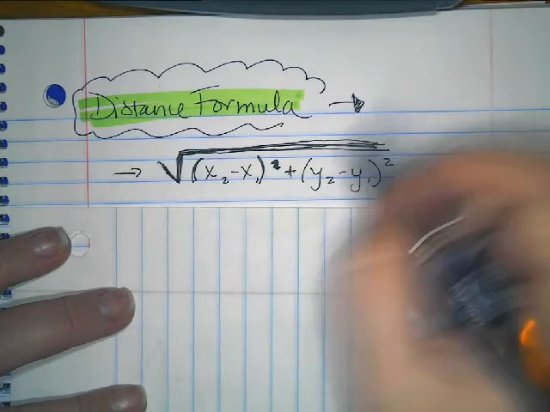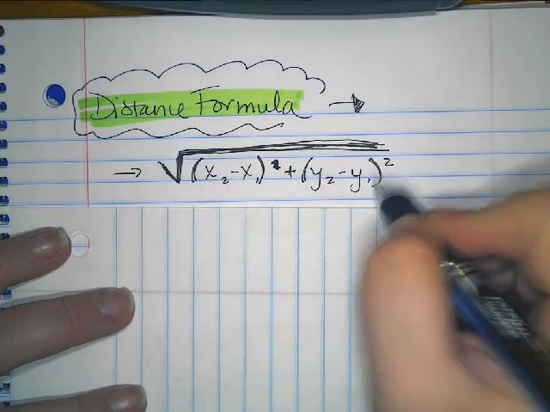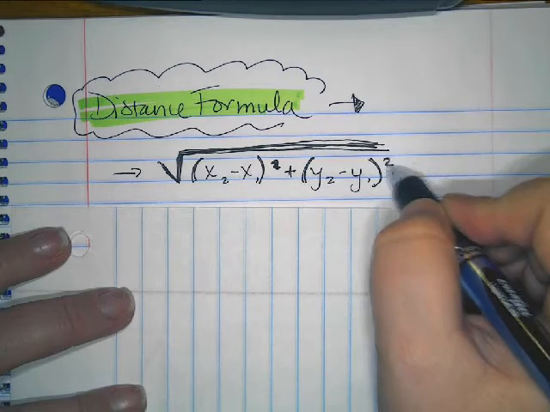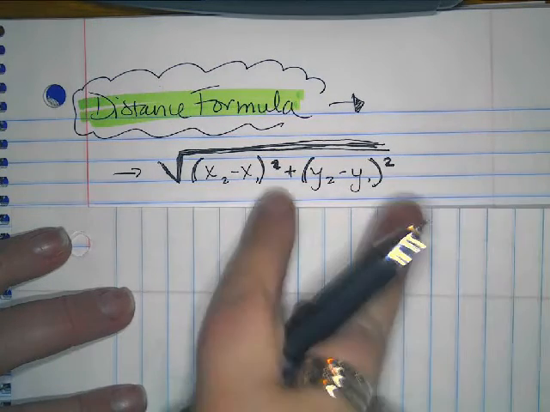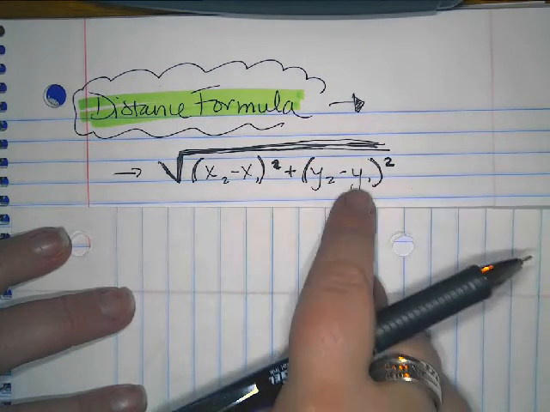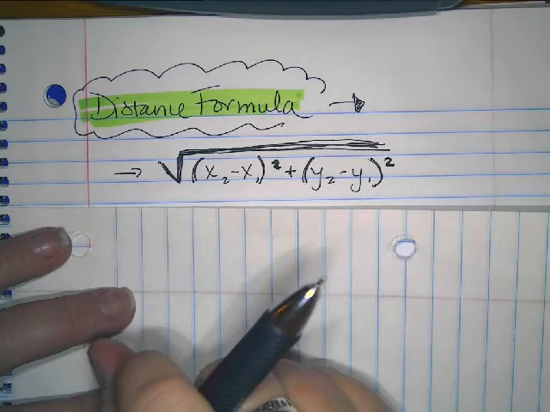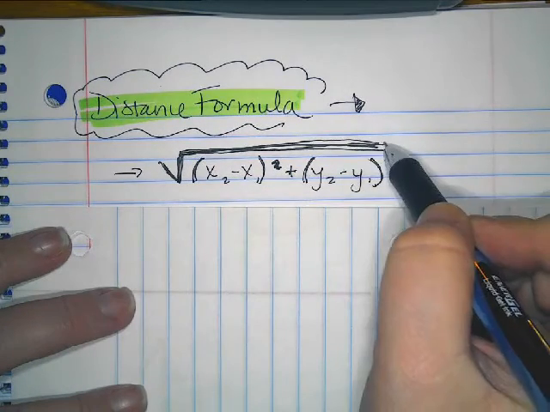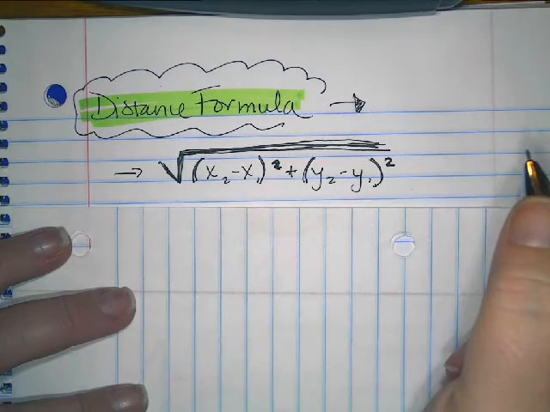Then I add that to this parenthesis, which is the y's. I subtract the y's and also square those. Do you see where the a squared plus b squared equals c squared piece comes in? To find the solution, when I take that radical, it will give me that solution.